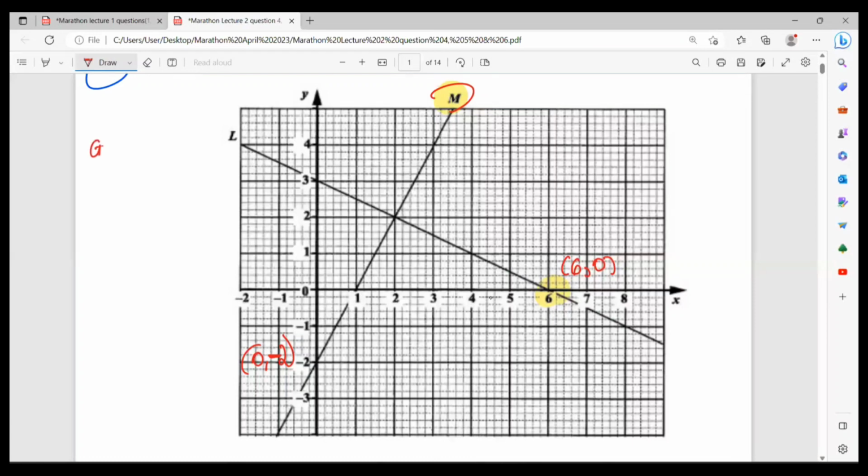We need gradient, and gradient is what we call M, and you need y-intercept, and we call that C. Luckily for M, the y-intercept, see here, it's -2. So we already know that. The line crosses the y-axis at -2. So all we need to do is to work out M.